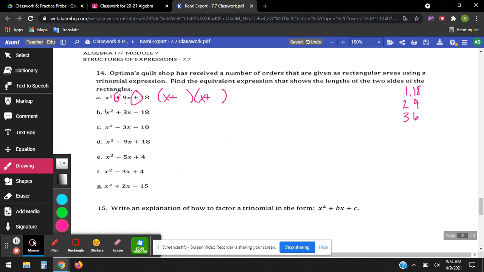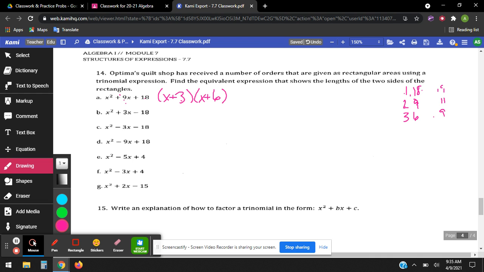So I'm going to be adding on this one. So let's look over here. 1 plus 18, that's 19. That's not going to work. 2 plus 9, that's 11. 3 plus 6, that's 9. So I must be using 3 and 6, because 3 plus 6 is 9. 3 times 6 is 18.